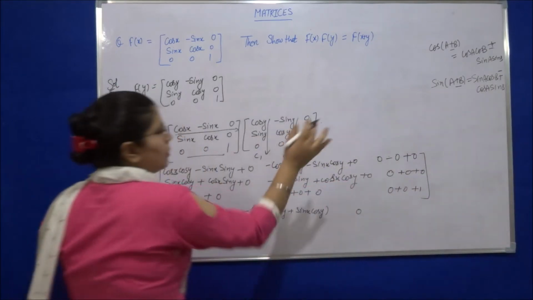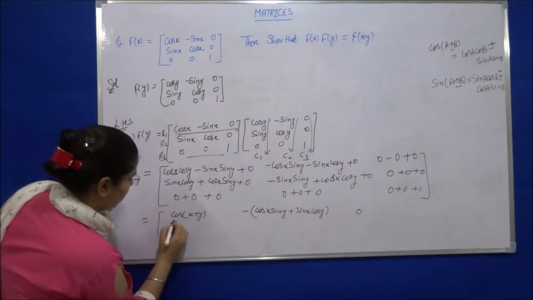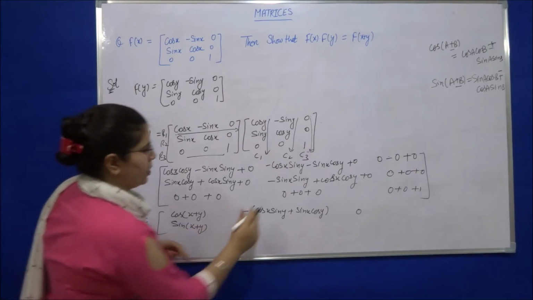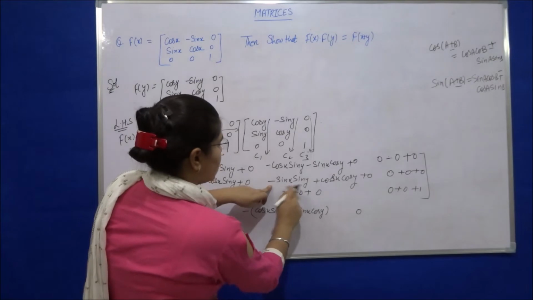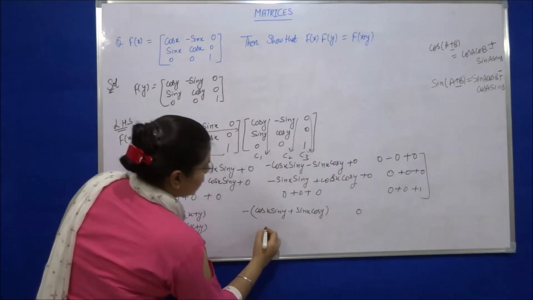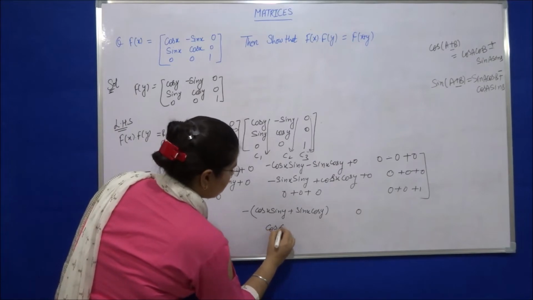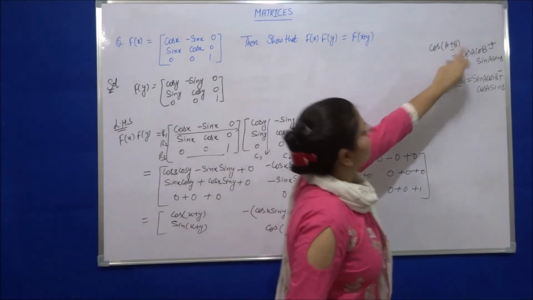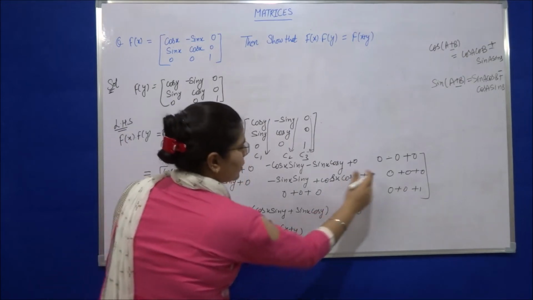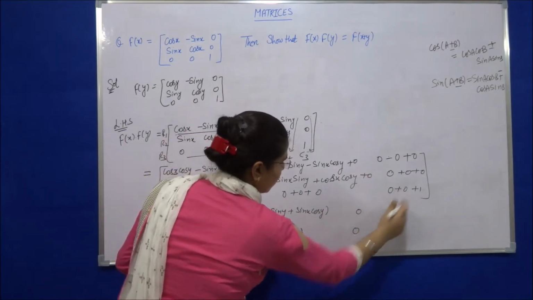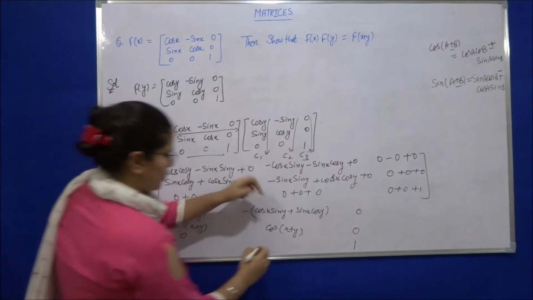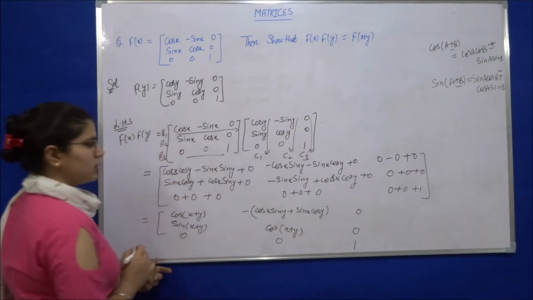Now we simply put the formulas. That will be sin of x plus y. Now again it is cos A cos B minus sin A sin B, which is cos of x plus y. Again 0, there will be 1. Now the third will be 0 and this will also be 0.